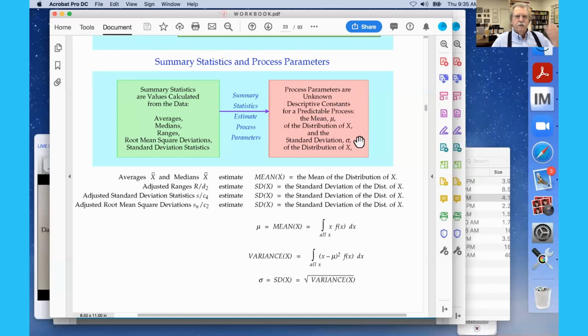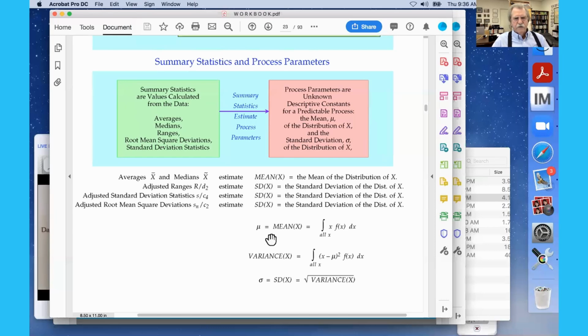Now, I found that people are really not up to date on their Greek alphabet in most places, so I use a mnemonic, mean parentheses X and SD parentheses X, to mean the same thing. So it's a little easier to figure out what we're talking about. Mean parentheses X will be the mean of the distribution for X, also known as mu. SD of X would be the standard deviation for the distribution of X, also known as sigma.